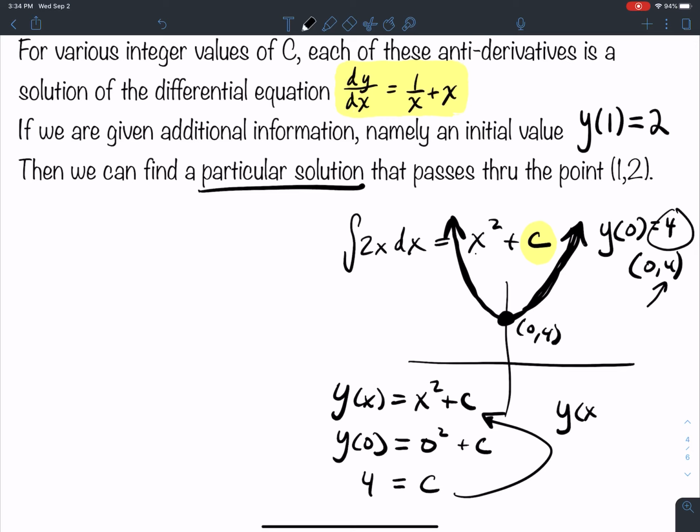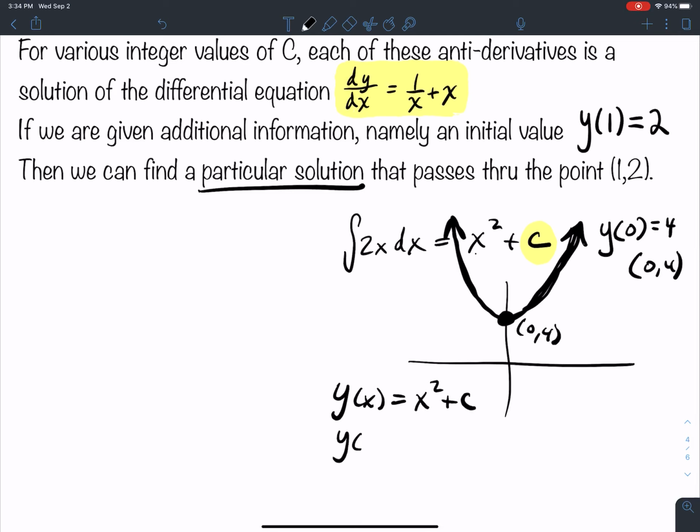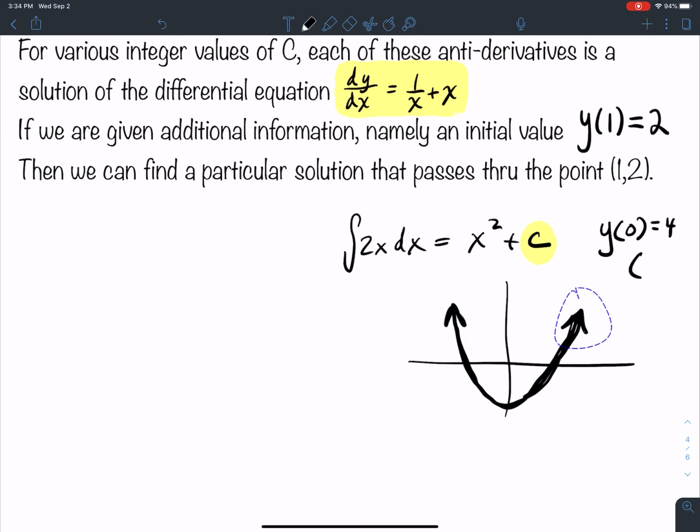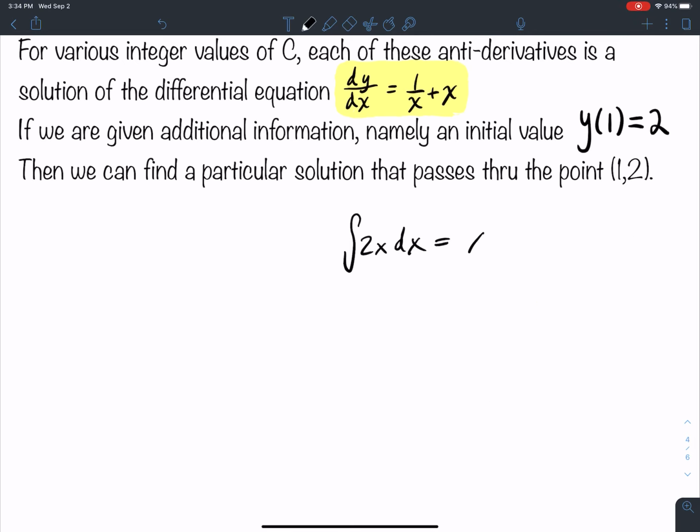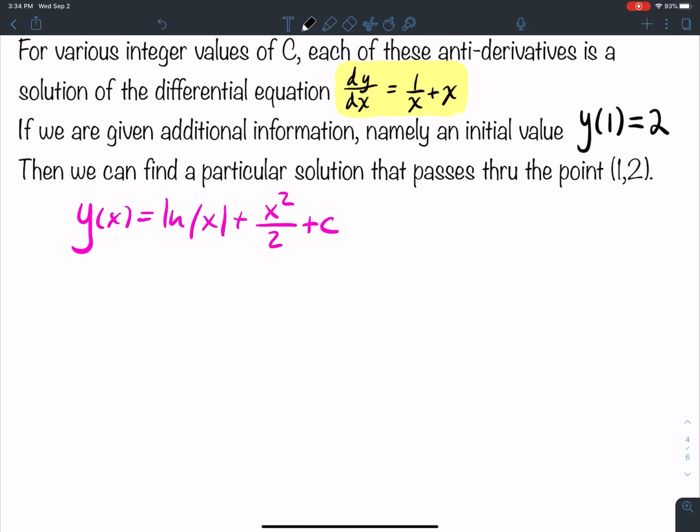So let's do it for this particular problem that we just found the general solution to. I want to find the particular solution for the initial value y of 1 equal to 2. So I'm going to take the 1 and plug it in everywhere I see an x.